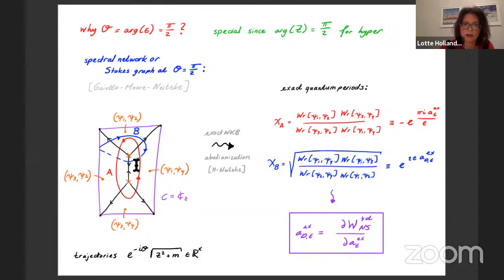Moreover, the spectral network divides the z-plane into four sectors. And as we saw before, in each of these four sectors, we have a basis of solutions which are given by the Borel sum of these formal solutions to our Schrödinger equation.